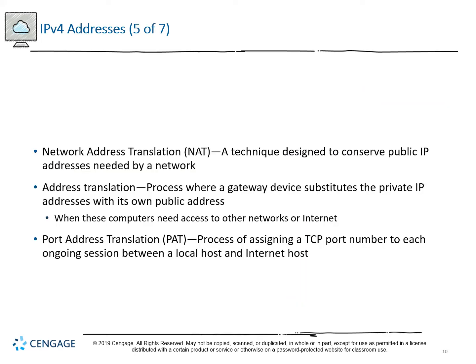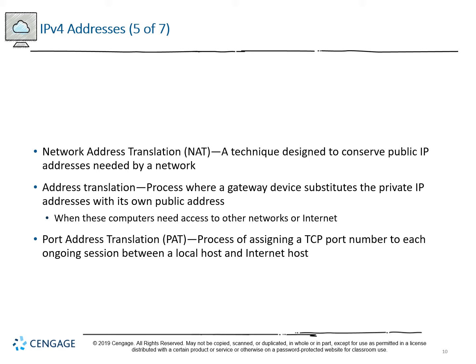Now, I've mentioned public and private networks a little bit, how the internet talks to us and how we talk back. We do this through a process called Network Address Translation, NAT. NAT uses a technique to try to conserve public IP addresses by saying, okay, we're going to have one public IP for this particular interface, and that's going to pass all of the private traffic that we have internally.